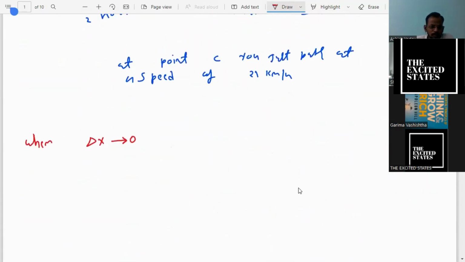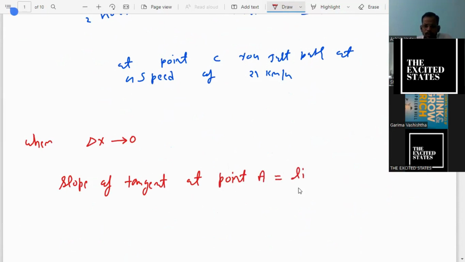That means the slope of tangent at point A will be simply, I will just put limit delta x approaching 0, f of x plus delta x minus f of x over x plus delta x minus x.